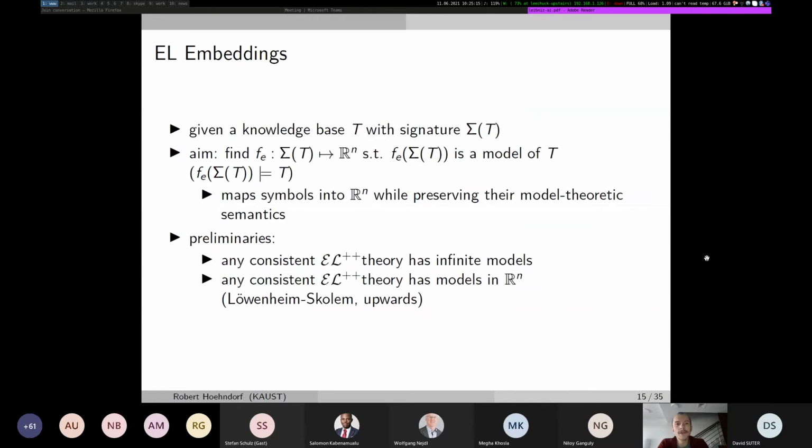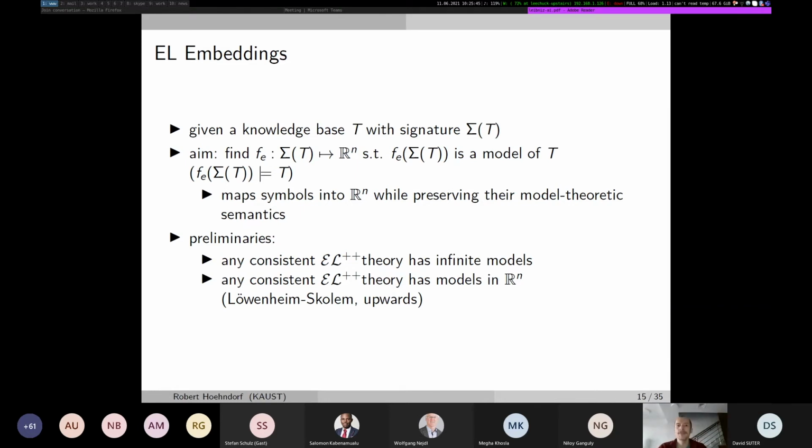And our idea was, if we have a knowledge base T with a signature sigma, so our knowledge base is our ontology together with the A-box statements, then we want to find an embedding function which maps the symbols in our signature into R^n such that the image of this function is a model of our theory T.